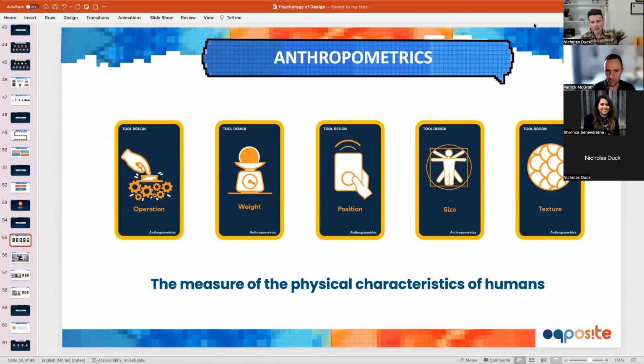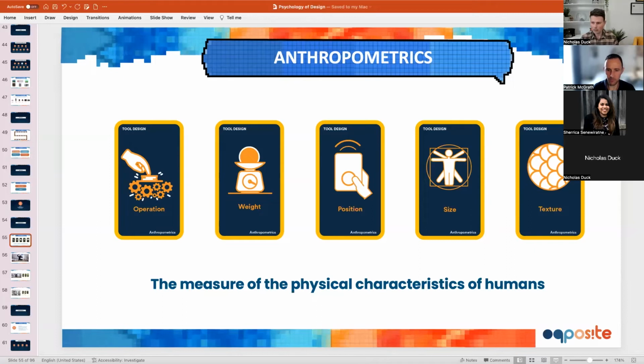But what we've done is we've summarized a lot of, I guess you'd call them, the key information that you want to consider in design into these little cards that we've developed, or categories.